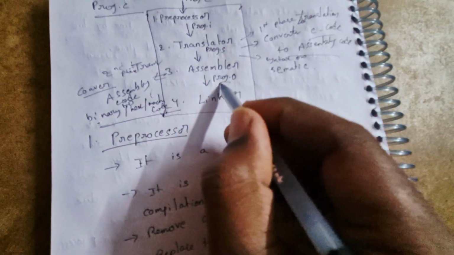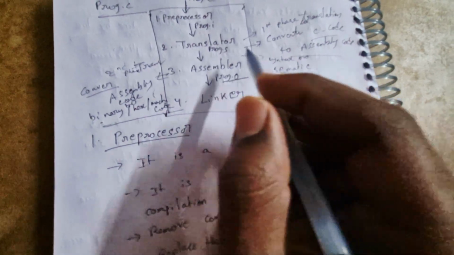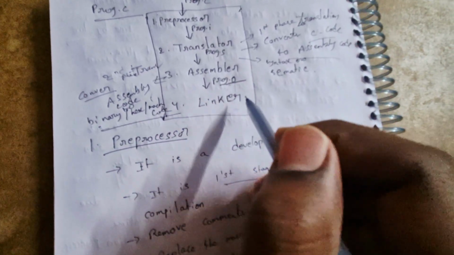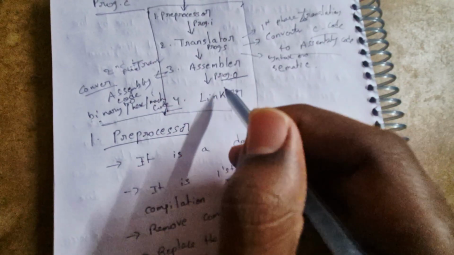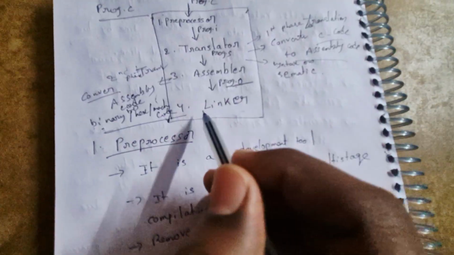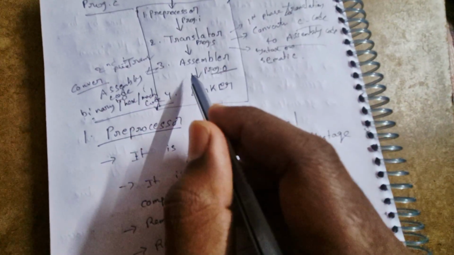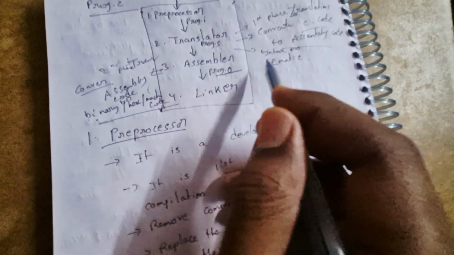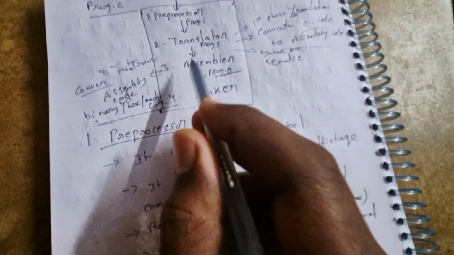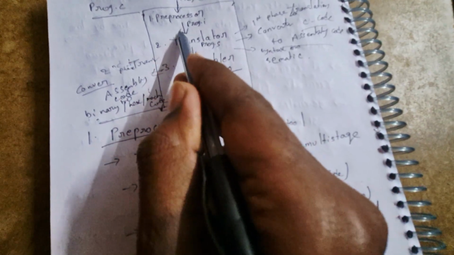That's why program.o. This is the binary representation of the code, but it is not yet ready to run. Why? Because the object file contains machine instructions specific to the target processor.